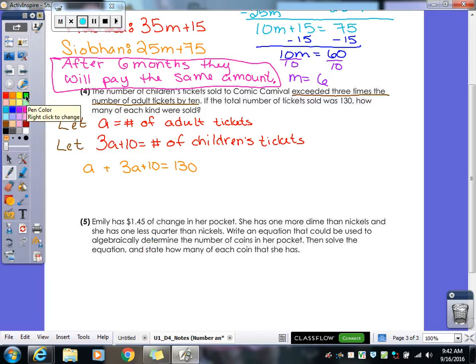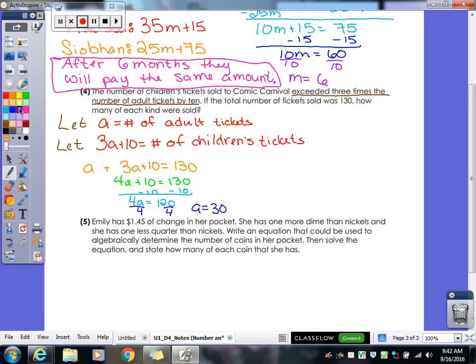And again, you guys know how to solve these. So go ahead, solve for A. Get A equals 30.